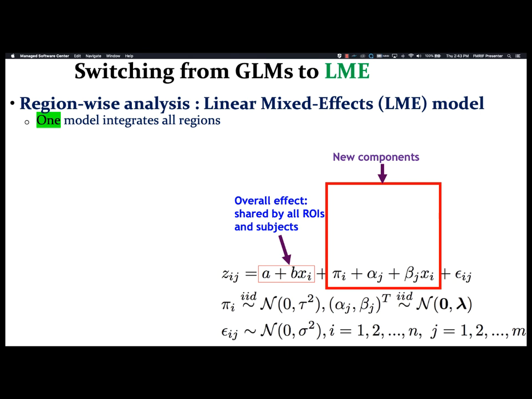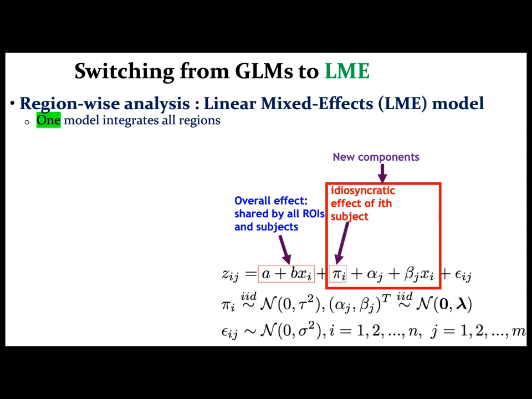The index i, remember, is the subject, so that captures each subject. I have the common part, a plus bx, basically shared by all the subjects and all the regions. I need to account for cross-subject variability.